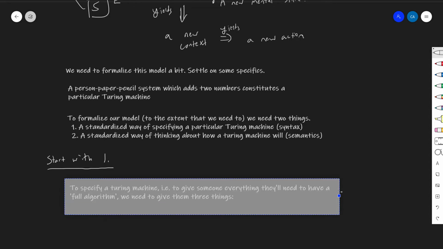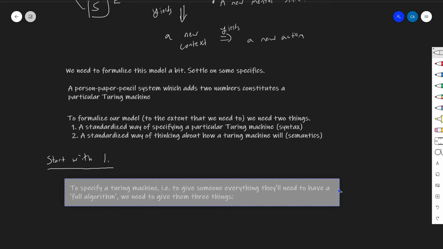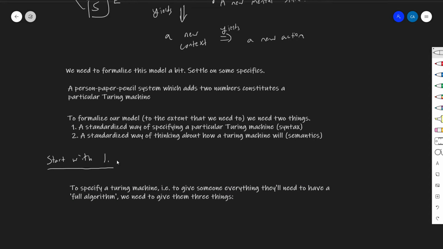So here are the three things. One, we need to give them a set of mental states, obviously.